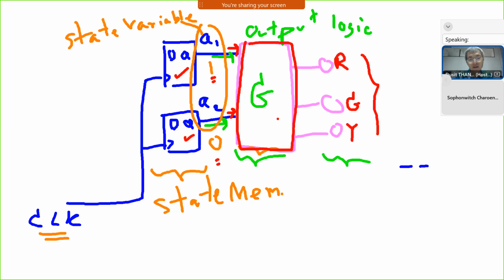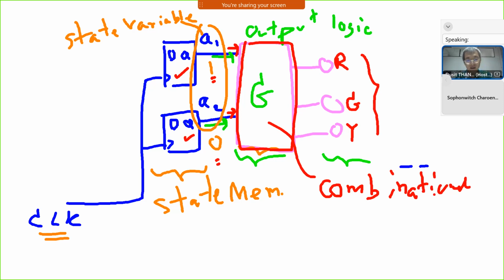This circuit is called output logic, and normally it is a combinational circuit that we already learned in the past 2 days. You can use something like a K-map as the design tool. Understand the concept?